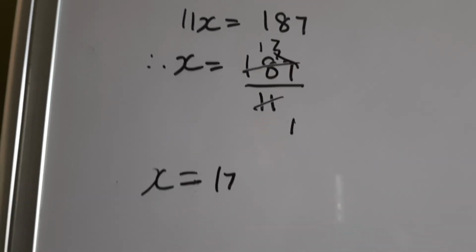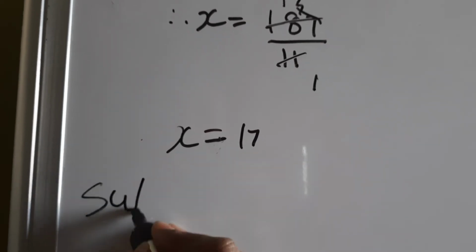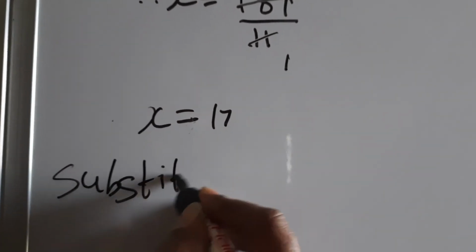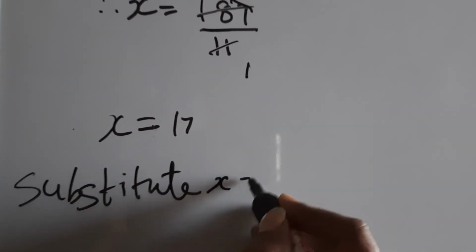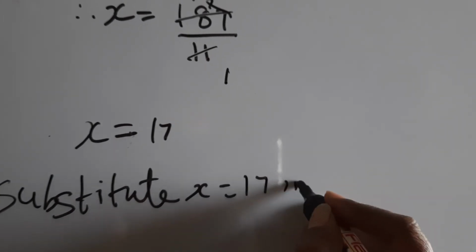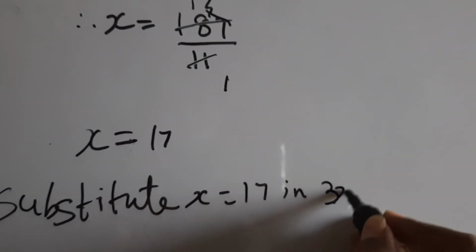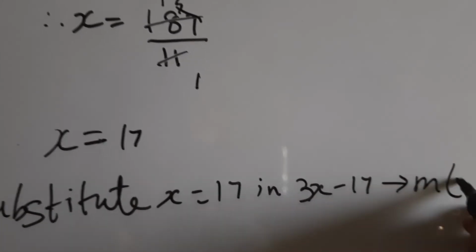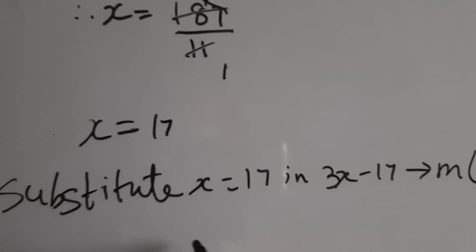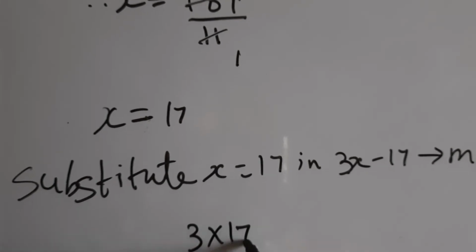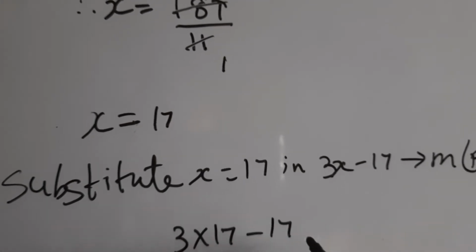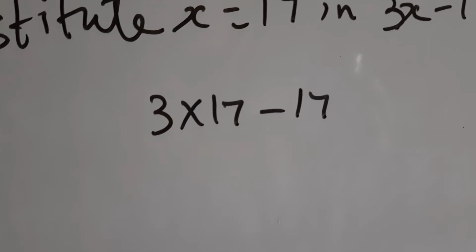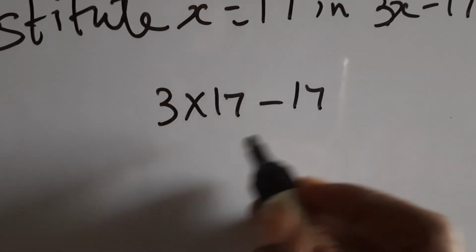So substitute x equal to 17 in 3x minus 17, that is measure angle ACB. So 3 into 17 minus 17. 3 into 17, children?